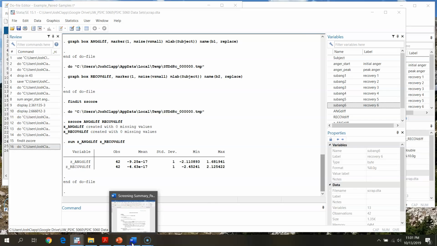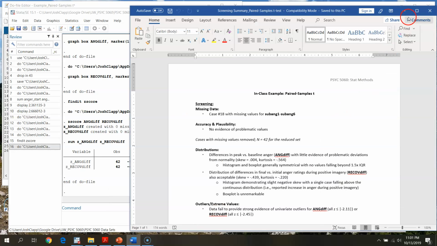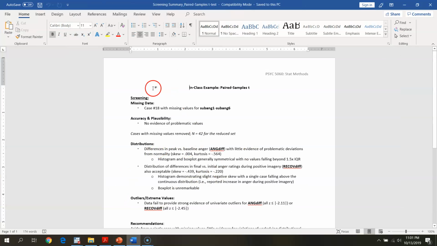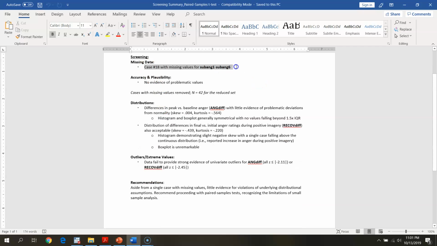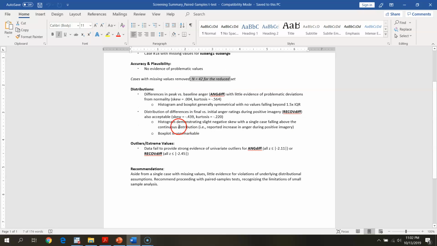Okay. So again, if we go through and take a look at our write-up for our paired samples, missing data, we have one case with missing values for anger recovery from 1 to 6. Want to make a mark at that. No evidence of problematic values. So with that case removed, we are working with a set of 24.